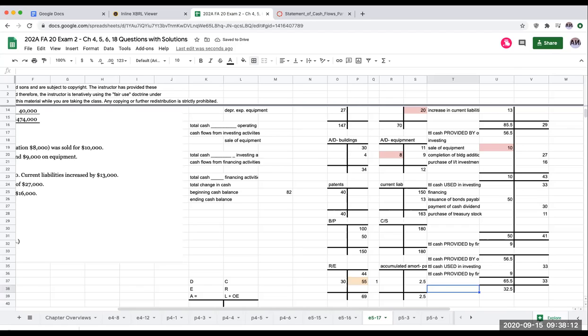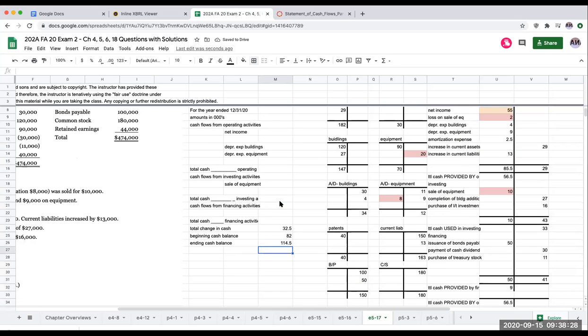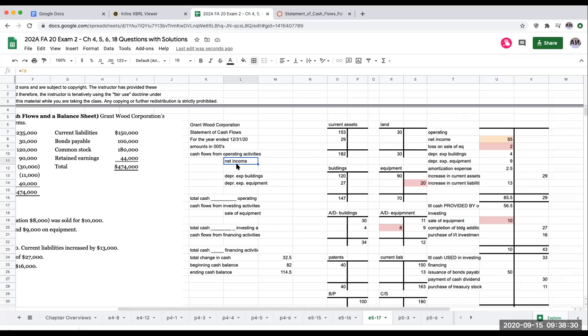So this is my total change in cash. It's going to be 32,500. So if I get this 32.5 from right here, my ending cash balance is going to be 114,500.